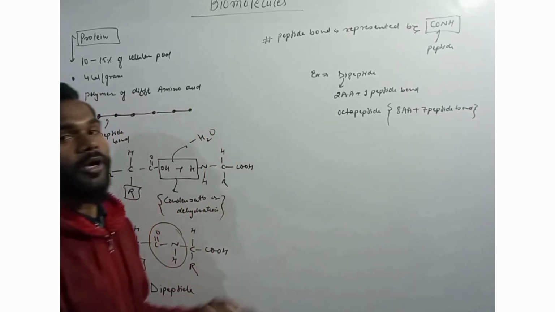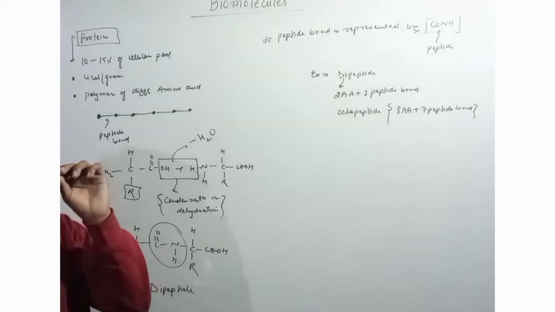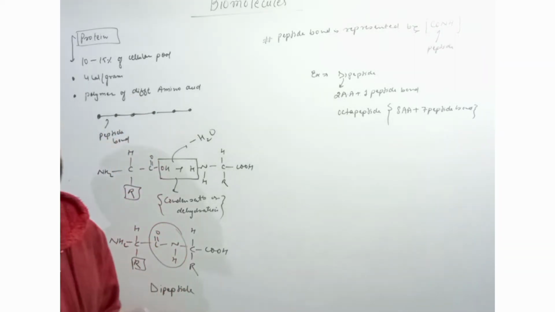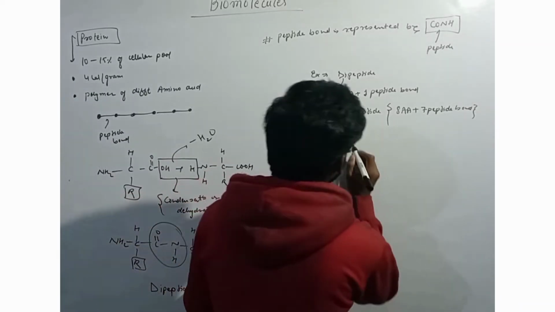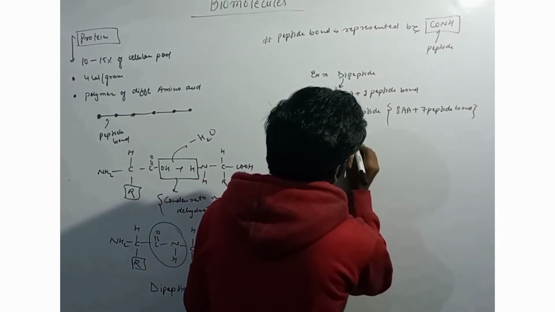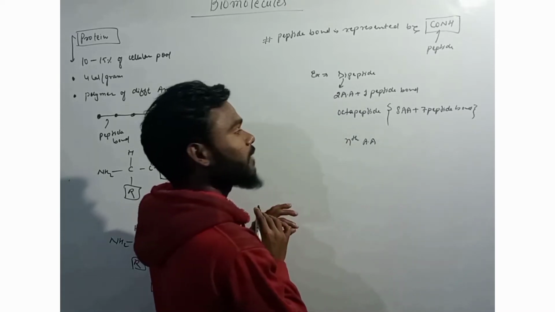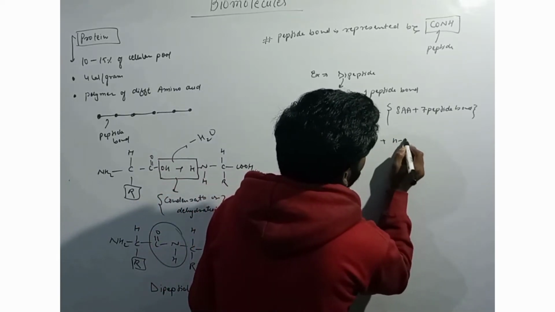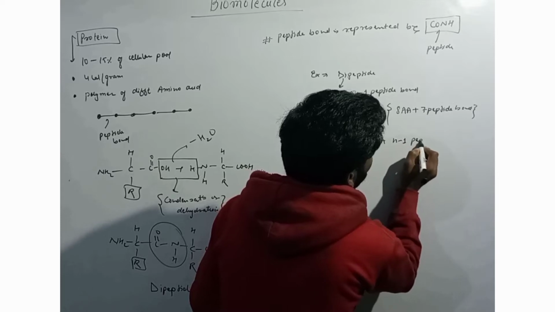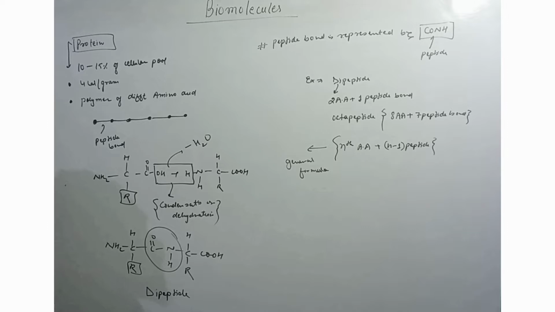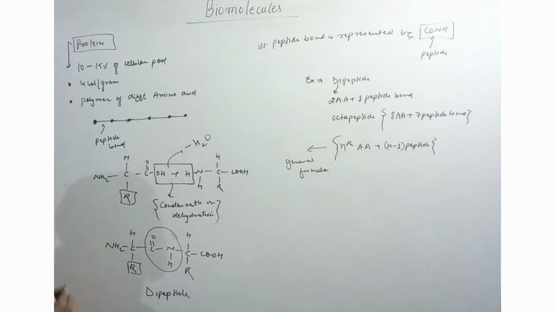Now when you're talking about an n-peptide, a protein that contains n number of amino acids, you have to learn that the protein contains n amino acids plus n minus 1 peptide bonds. Now, polymer of amino acids: many amino acids polymerize to form protein.